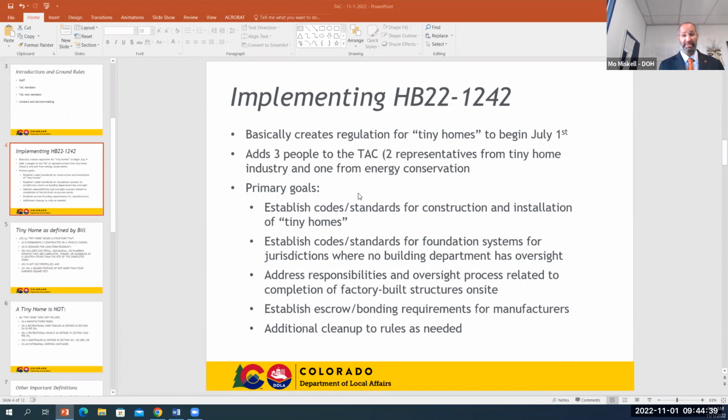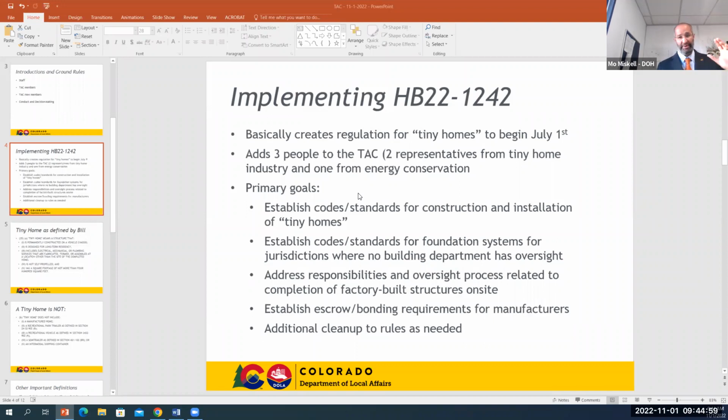So it's going to be a busy several months between now and the end of March, with the primary goal to get standards in place in the form of proposed rules by the end of March for tiny home construction and installation. That is the primary goal, because we have a statutory deadline to meet.